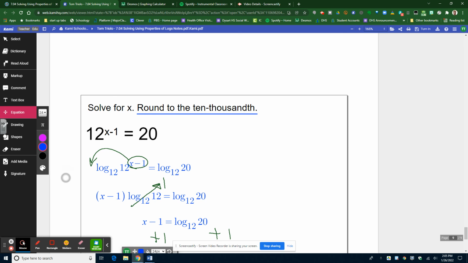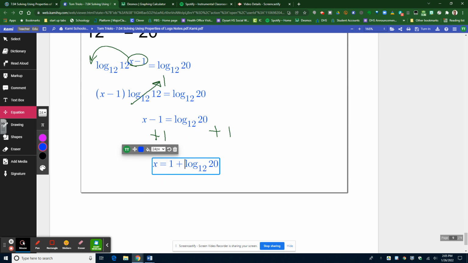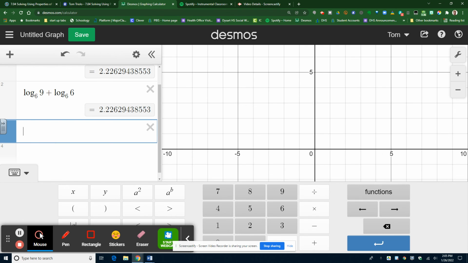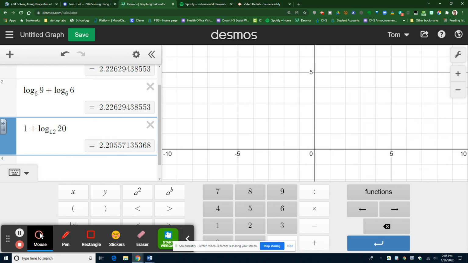We've got to round. So we're going to take this part and dump it into Desmos. So 1 plus log base 12 of 20. Copy, paste. How many decimal places should we grab? We should grab 5 and then round it. Remember I told you 12 to 1 point something is 20?